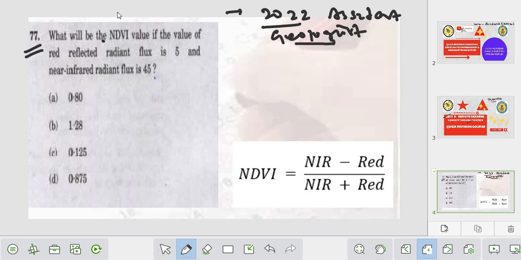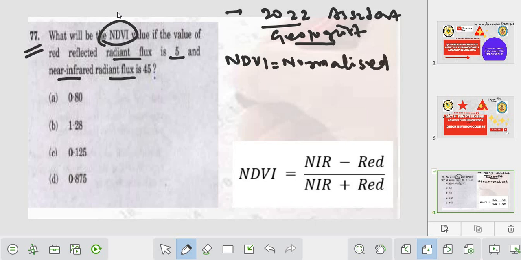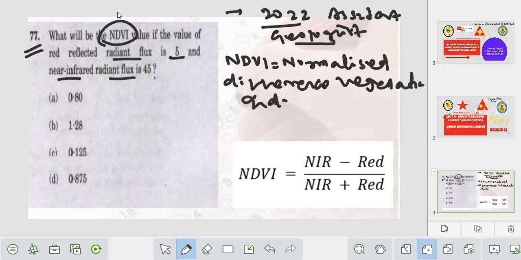What will be the NDVI value if the red reflected radiant flux is 5 and the near infrared radiant flux is 45? So what do you mean by NDVI value? It is the Normalized Difference Vegetation Index.